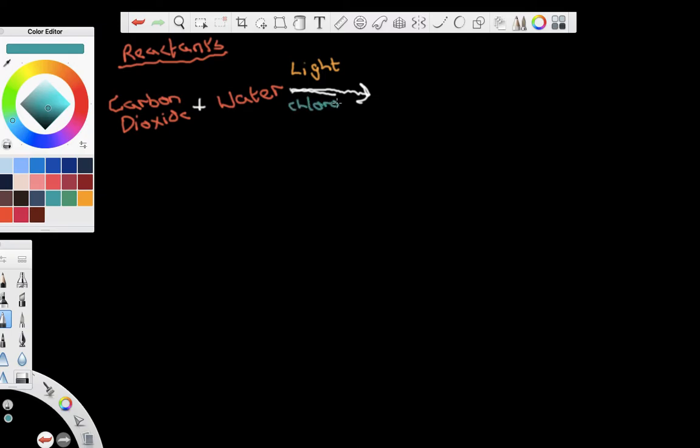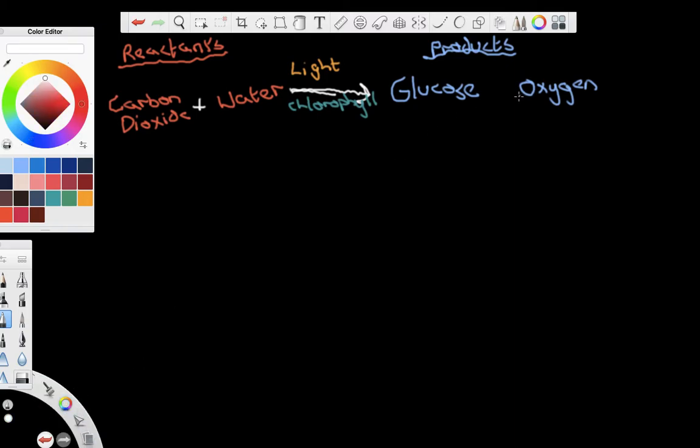So chlorophyll, okay. When we add carbon dioxide and water together with use of chlorophyll, which uses light, we make glucose and oxygen. And we said last lesson that these are our products. Now, chlorophyll is the green part of a plant. Chlorophyll is a substance that makes the leaf of a plant green, and it carries out photosynthesis.